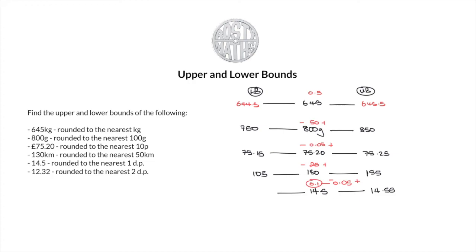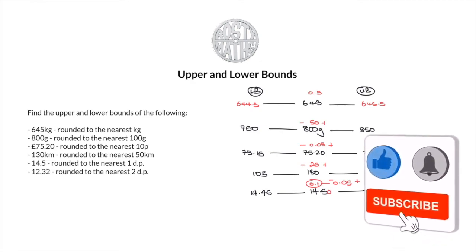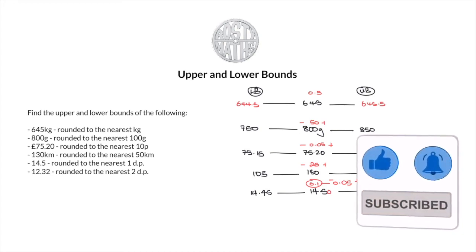If I take 5 off, I get 45. So if you haven't guessed it, this is going to be 14.45. And that's what's happening in my head to work out the upper and lower bound, okay? So it's not really that bad. I'll put the 0 there just so you know that that actually is 50. Well, it's many zeros after that, but we'll stick to just 50 for now.